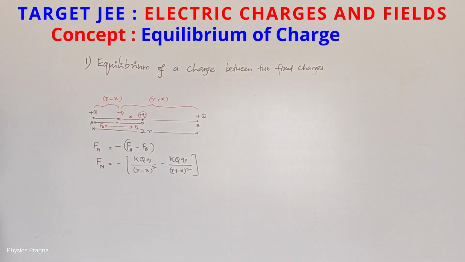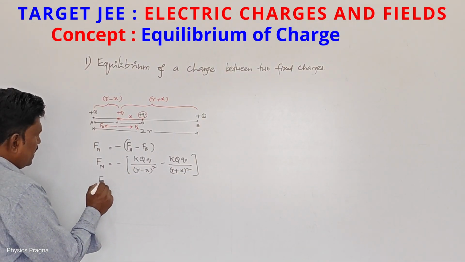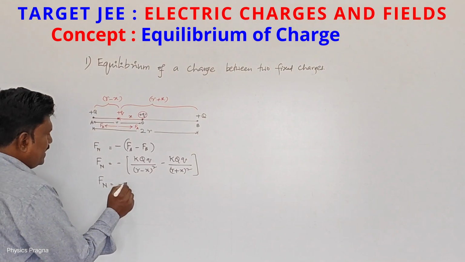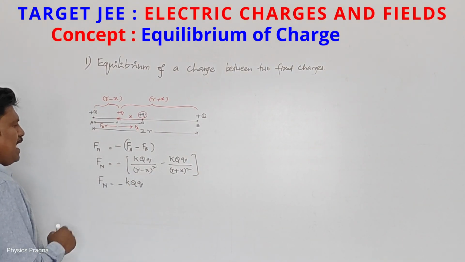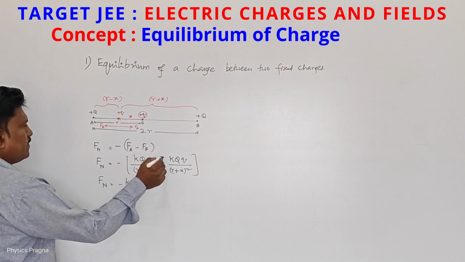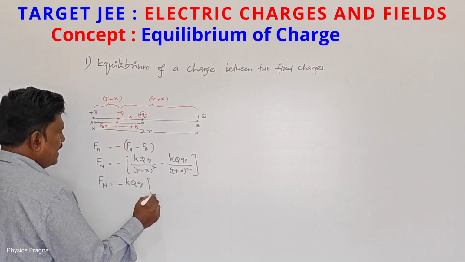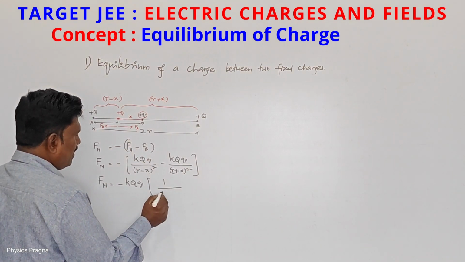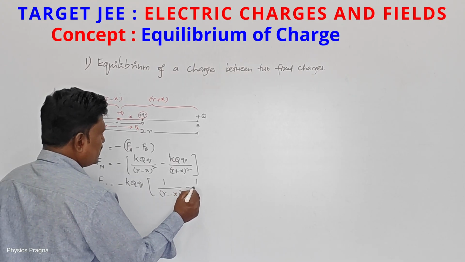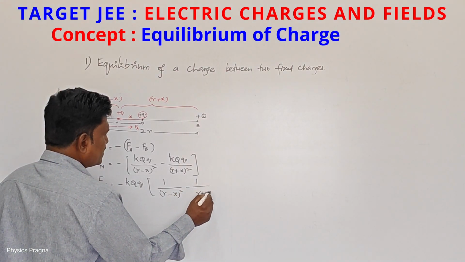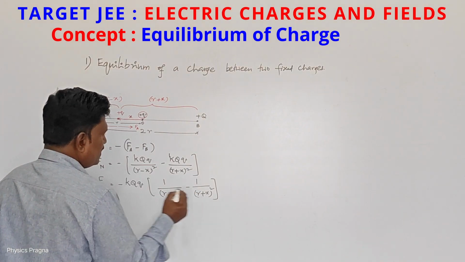Now let us simplify this one. The net force is equal to minus K Q small q, which I have taken common, then 1 by r minus x whole square minus 1 by r plus x whole square.